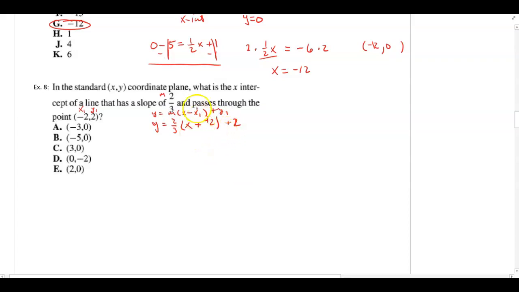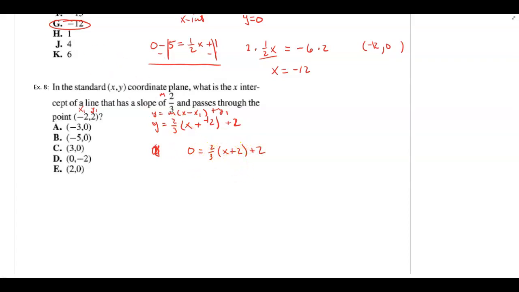Now from here, to find the x-intercept, what I basically do is let y equal 0. So I would get 0 equals 2/3 times x plus 2, all plus 2. Now, is this an easy equation for everybody to solve?